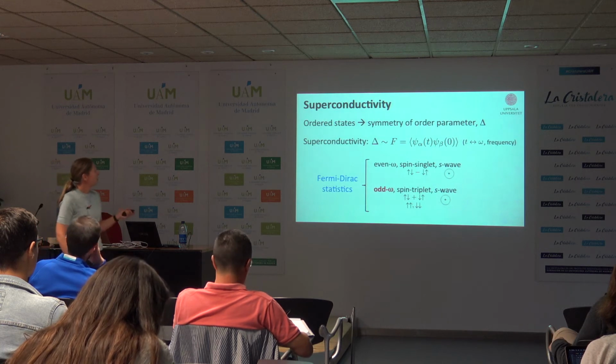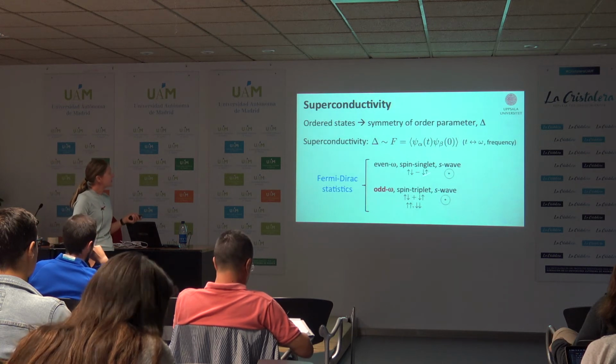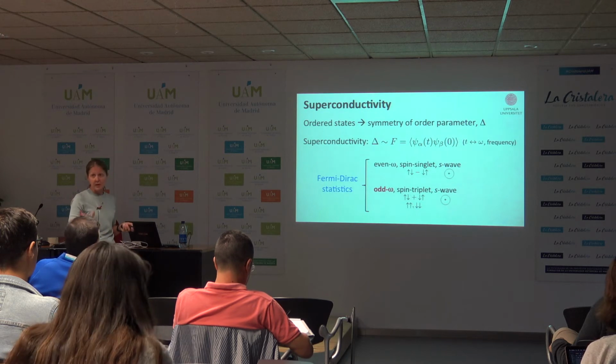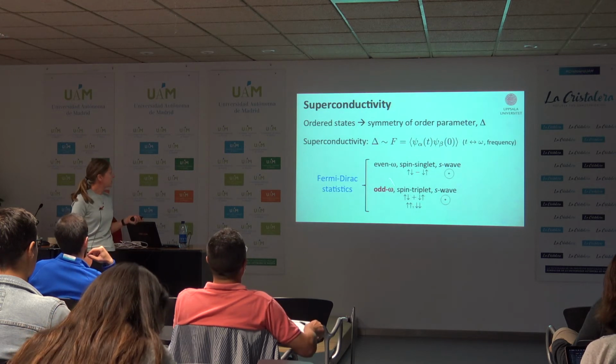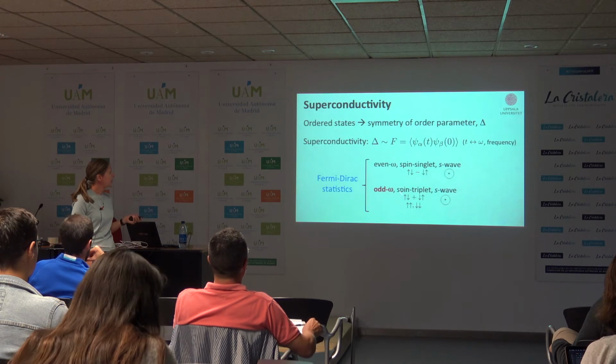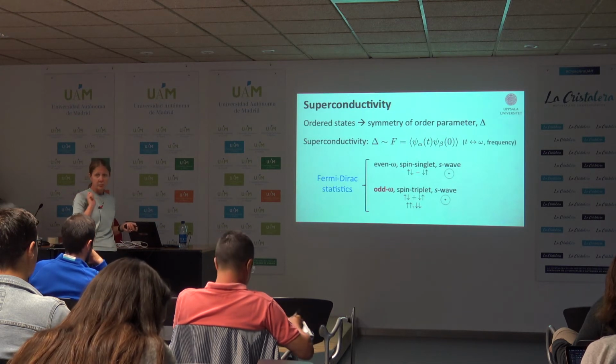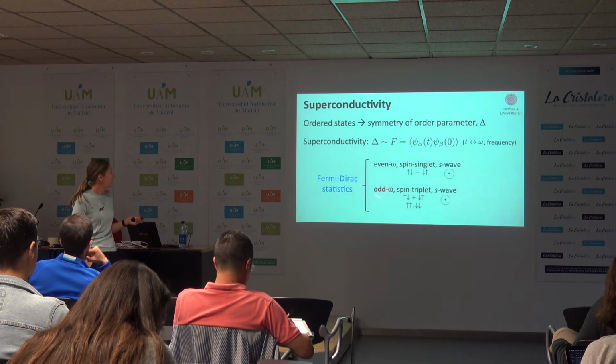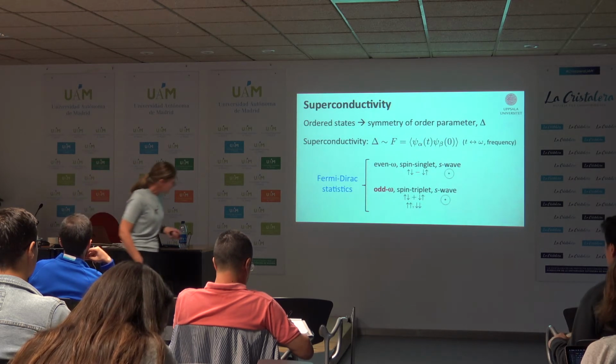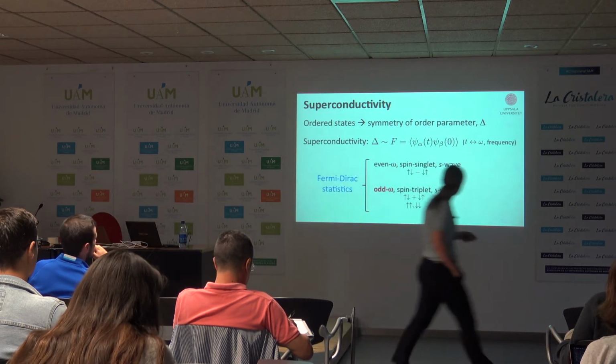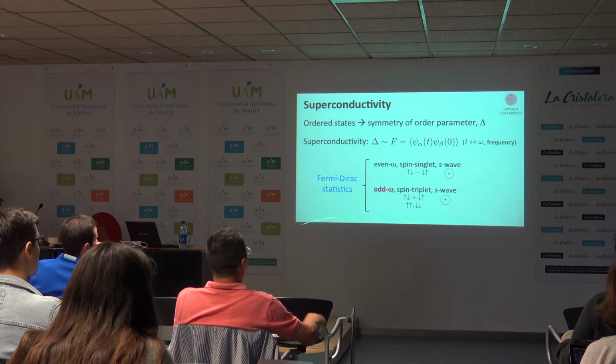So you can be even in frequency, and that will be the same as spin singlet and S-wave, for example. But you can also be odd in frequency, and then you can, for example, have a spin triplet S-wave, because you pick up the necessary minus sign by switching the frequency here.